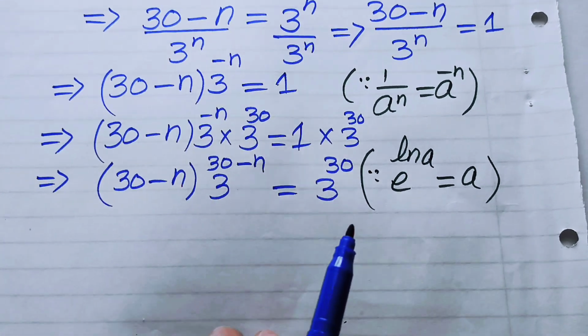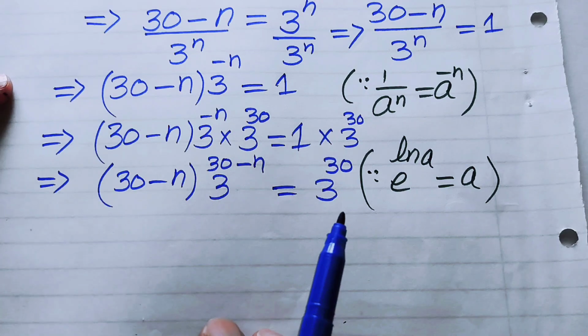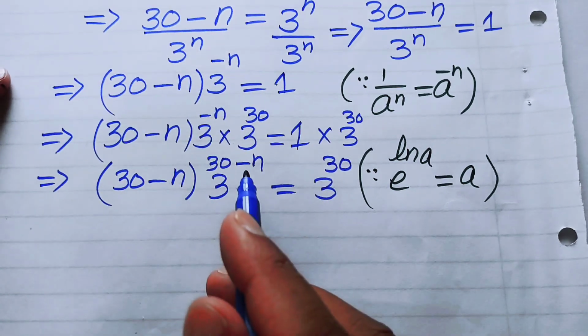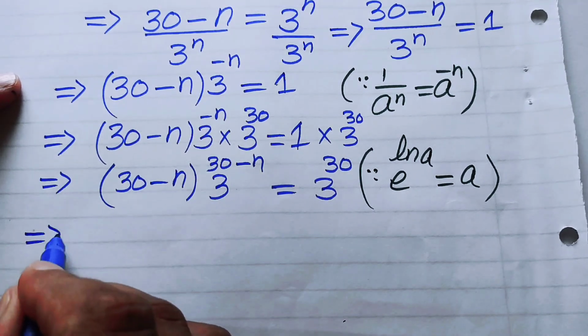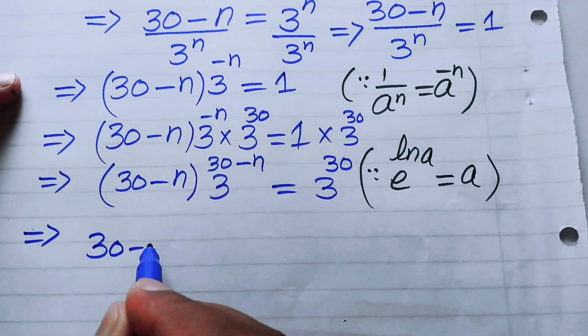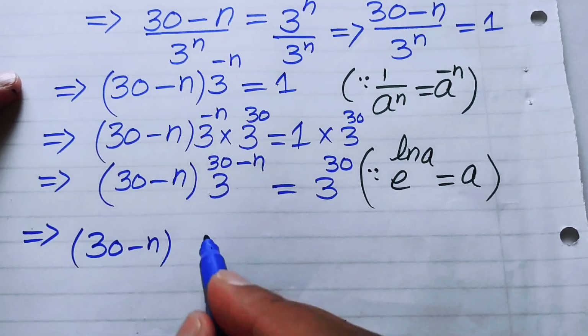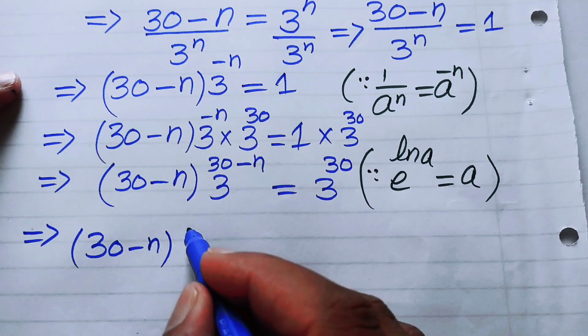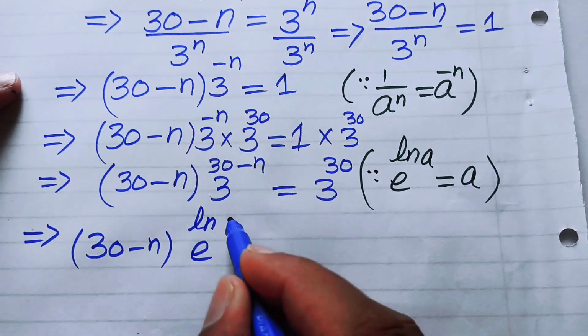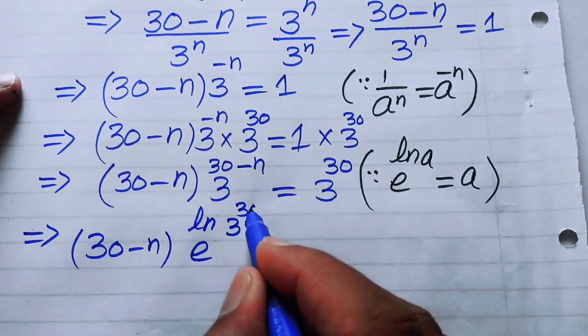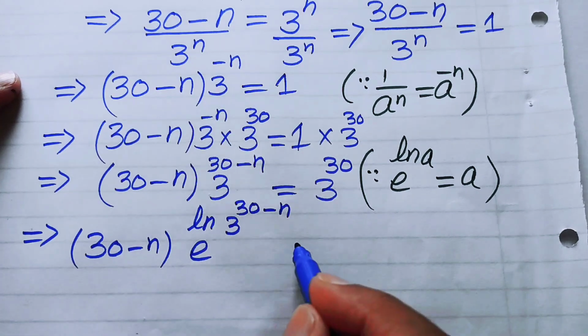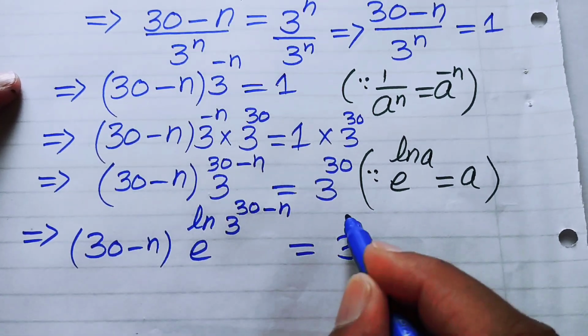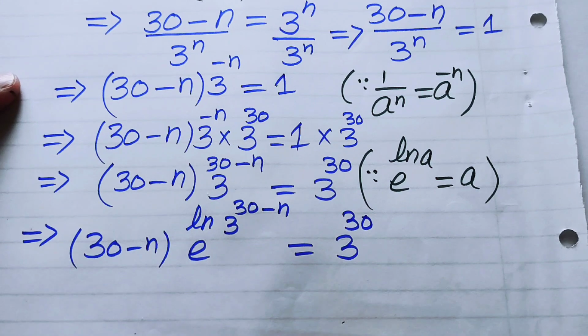Now we can write the term 3 to the power of 30 minus n as e to the power of log of 3 to the power of 30 minus n, so we have 30 minus n times e to the power of log of 3 to the power of 30 minus n, and this whole is equal to 3 to the power of 30.